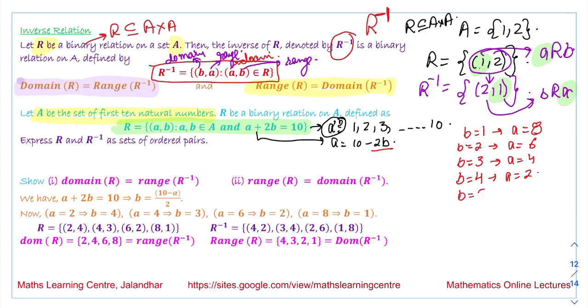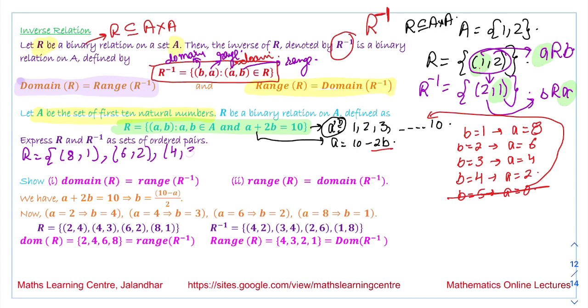When we put B equal to 5, A is 0, which is not possible because A cannot have the value 0. So the relation R has the elements 8 related to 1, 6 related to 2, 4 related to 3, and 2 related to 4. This is the relation R.